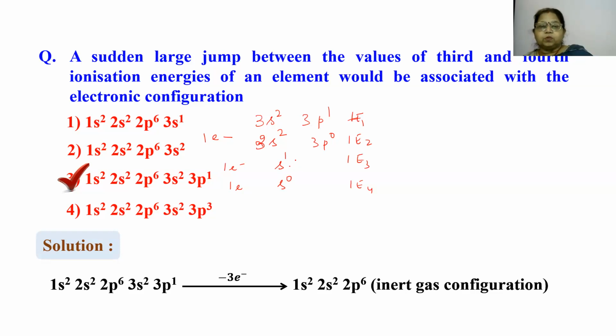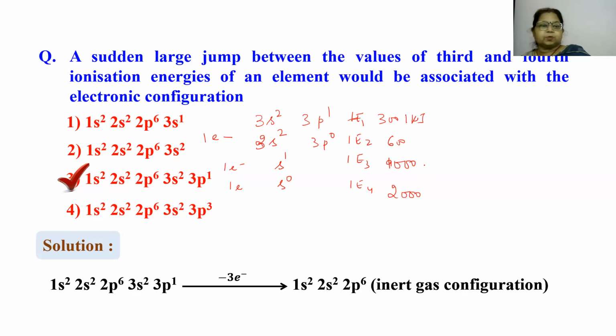Therefore, when you move from here, what will happen? It will require much more energy. Suppose these values were, say, 300 kilojoules, 600, let's say 900 or even 1000, it will suddenly become 2000. This is the meaning of the question.